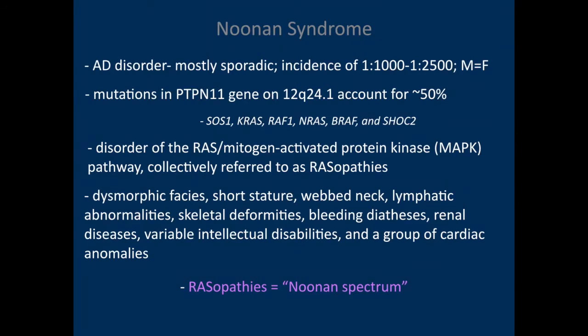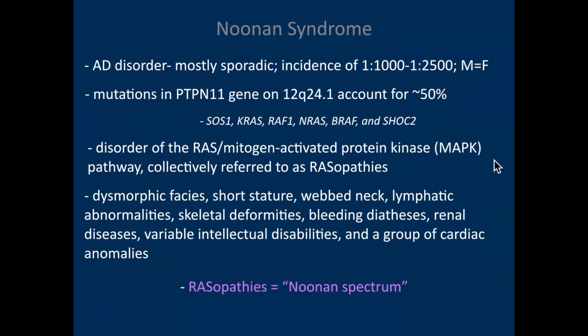Now, the most published mutations are in the PTPN gene, which is located on 12q, but even Noonan panel testing, if you include the other genes that are associated with Noonan's, still gets you only about a 75 to 80% diagnosis rate for children ultimately deemed to be within the Noonan spectrum.